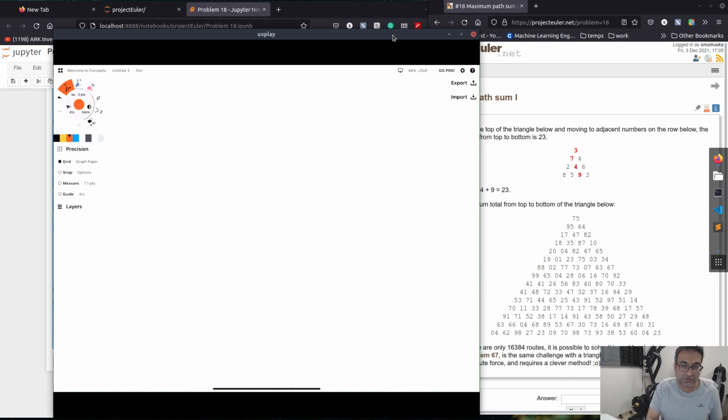So what does this mean when it says that there are going to be too many paths?